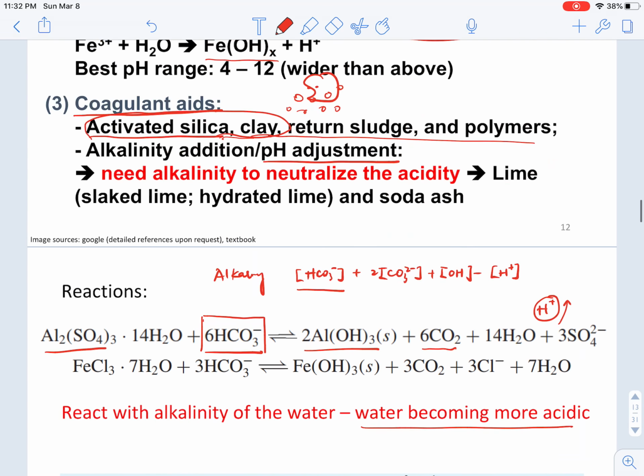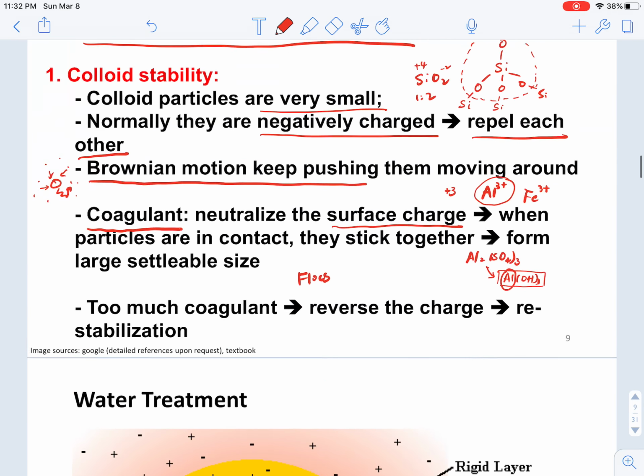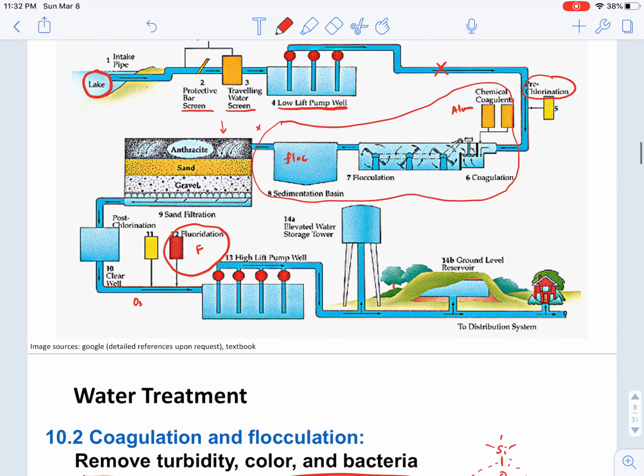So if we think about this coagulation process, let's say this is our water treatment plant. We introduce this coagulant into the water. Of course, we want to suspend these coagulants in the water, right? We don't want the water to be flowing and then these coagulants just form these larger flocs and then settle to the bottom, right? We want this coagulant to be fully suspended in the water.